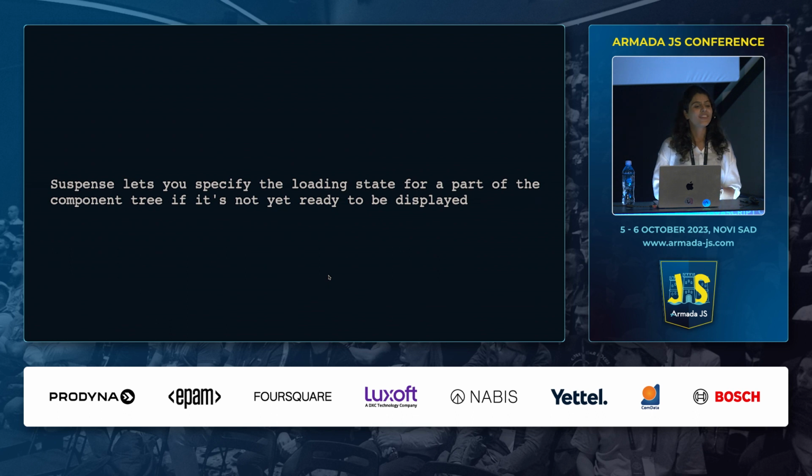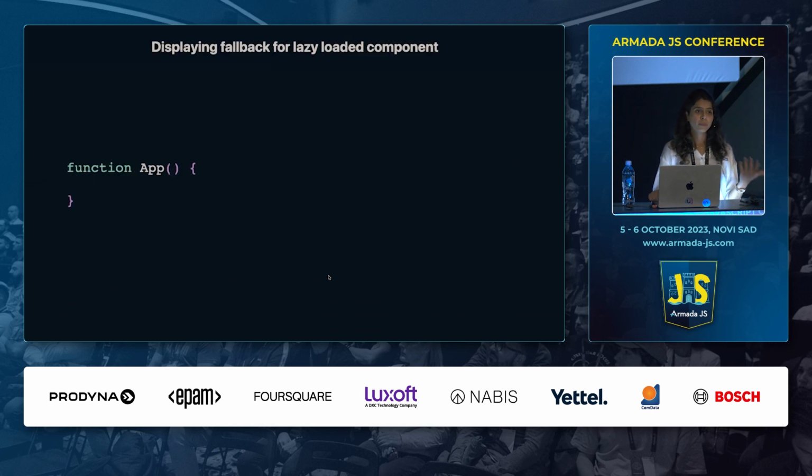But yeah, Suspense basically is an old feature. It came in React 17, and it lets you specify the loading state. So if your component is not ready, with Suspense you can display a fallback in a very syntactically easy way. The main purpose of Suspense was to display a fallback for a lazy loaded component.